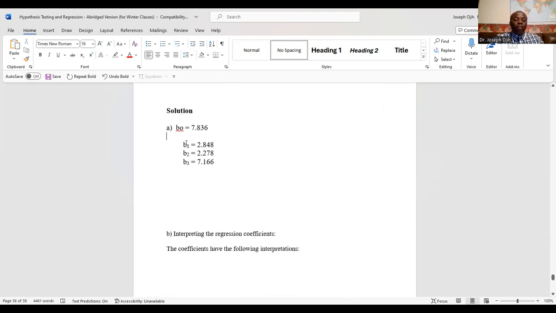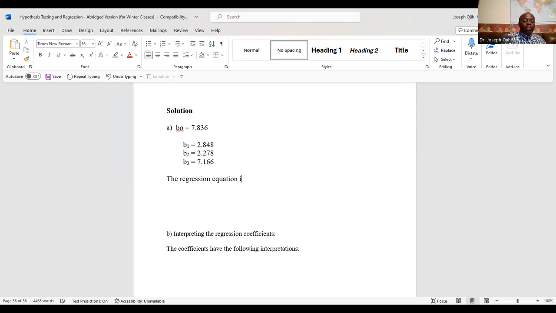Now, with these values for the slope parameters, we can write the regression equation, keeping in mind the general form of the regression equation.